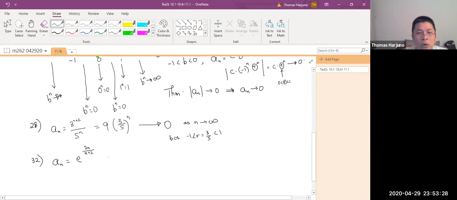And we say, oh, you know what? The limit for the exponent is actually 2 as n goes to infinity. Oh, that one is not exponential form. Sorry.